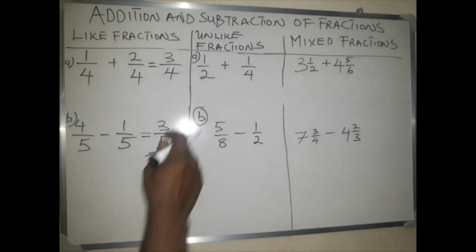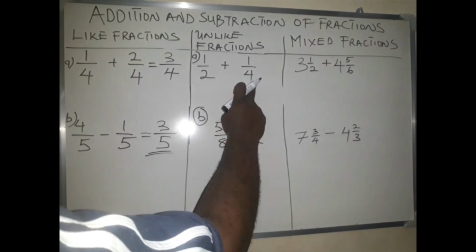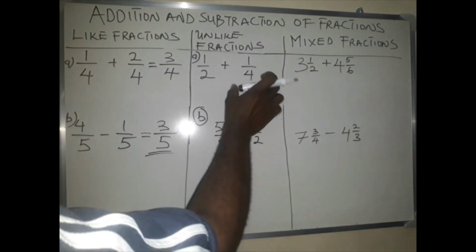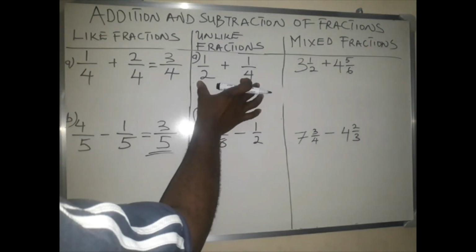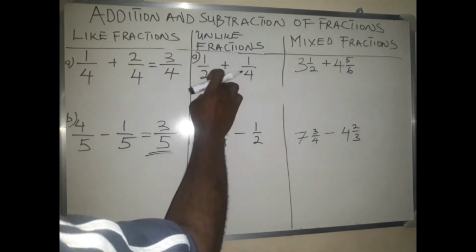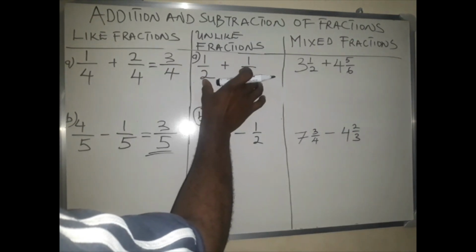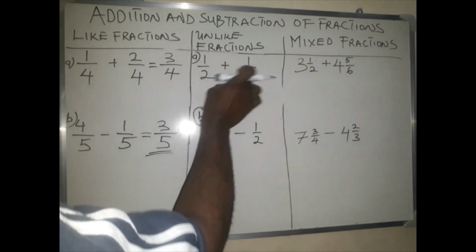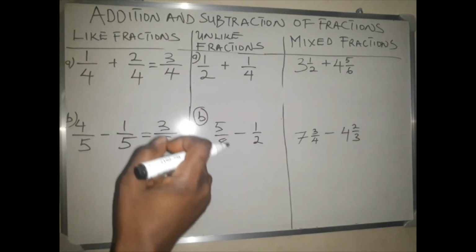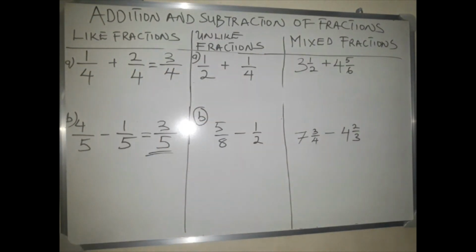Here we have 2 and here we have 4. So what we do in this case is convert one or both of them so that they will both have the same denominators and thus become like fractions.